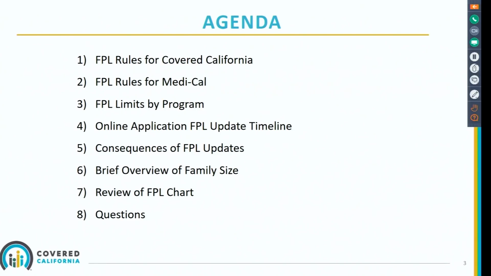We'll talk about consequences of those updates. Take a brief look at family size, and then return again to the FPL chart with that new information. And there'll be some time for questions. So I'll be speaking for about 30 minutes on the slide, and then we'll open up for some typed-in questions.